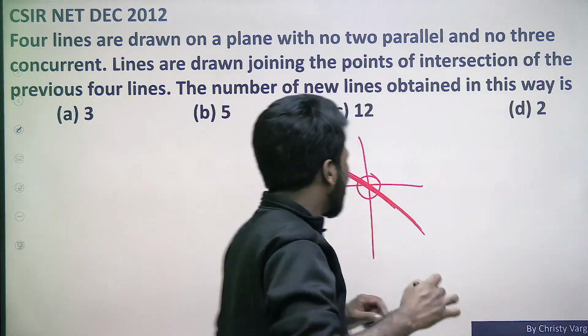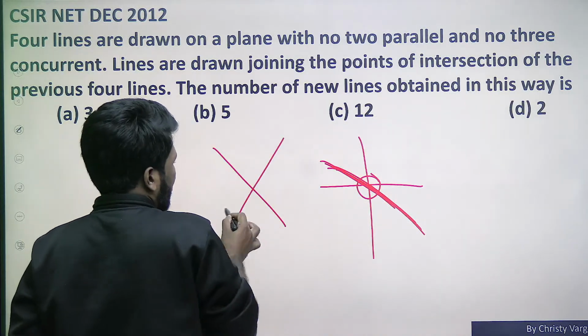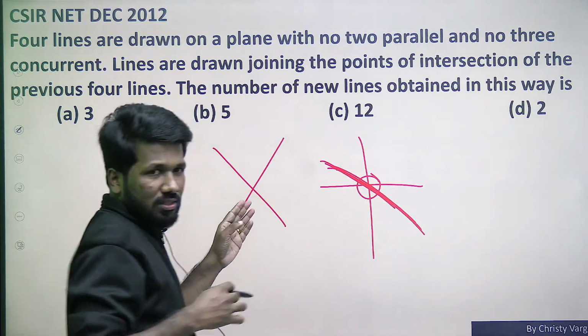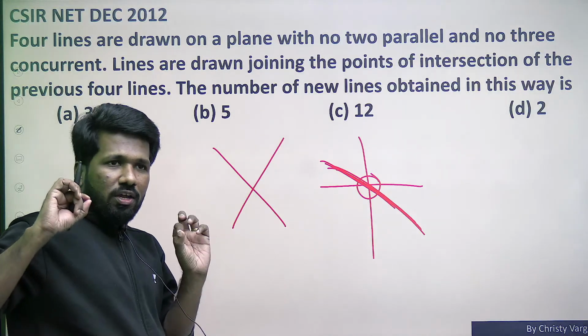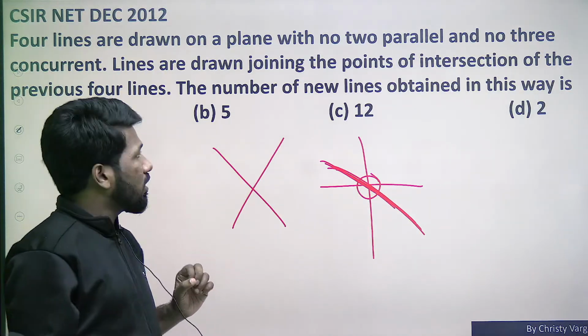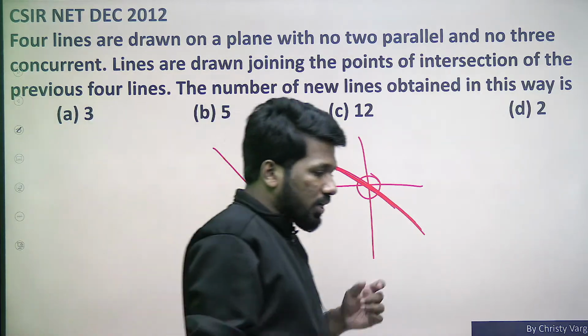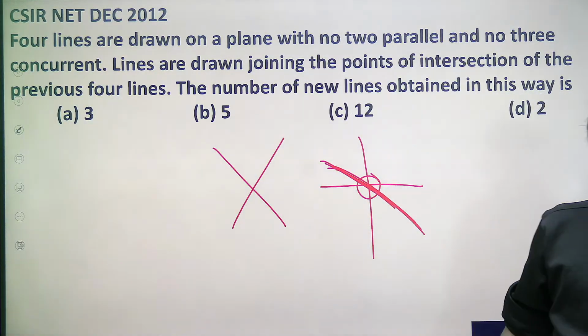For 2 lines, there is no concurrency, that is only intersection. Concurrency is defined only for 3 or more lines. Are you all understanding? 3 or more lines are concurrent if they meet at the same common point.